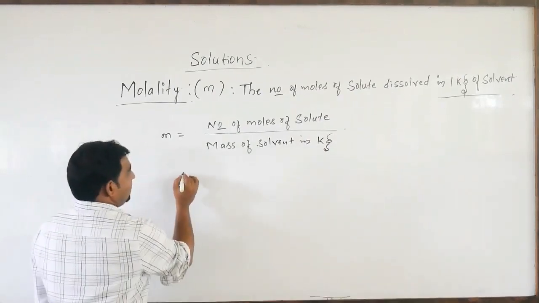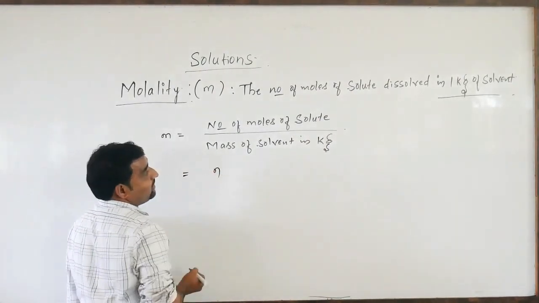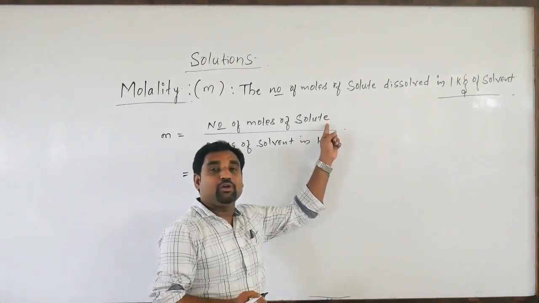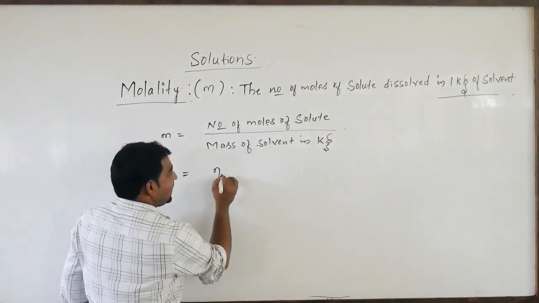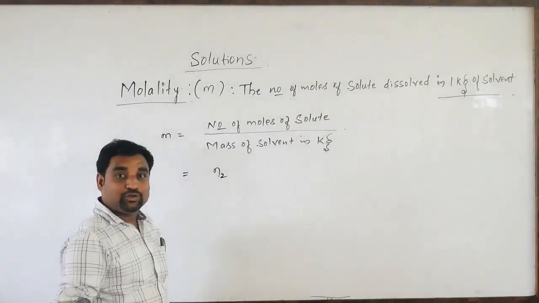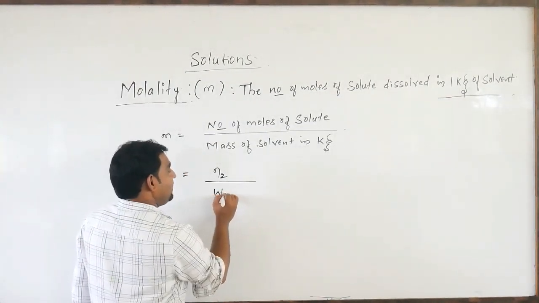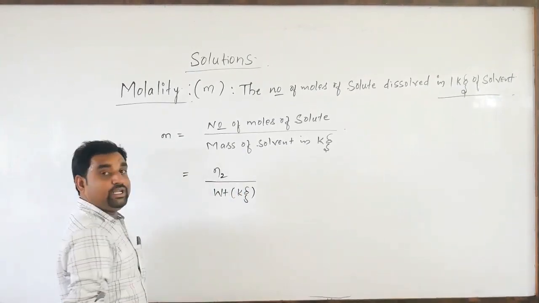Now the number of moles is denoted by N. If it is a solute, that is denoted by 2, and the number of moles of a solvent is denoted by N1. So now N2 means the number of moles of a solute dissolved in the mass of a solvent in kg.